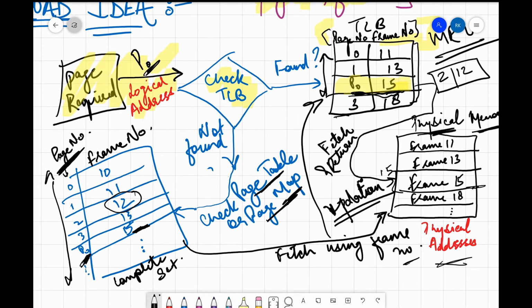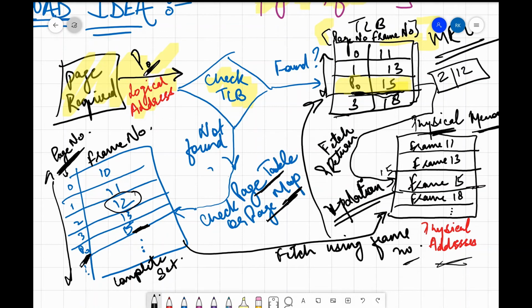Okay, yeah, so that's all for this particular thing. This is the entire procedure which happens, and this is how TLB helps in speeding up the entire procedure.